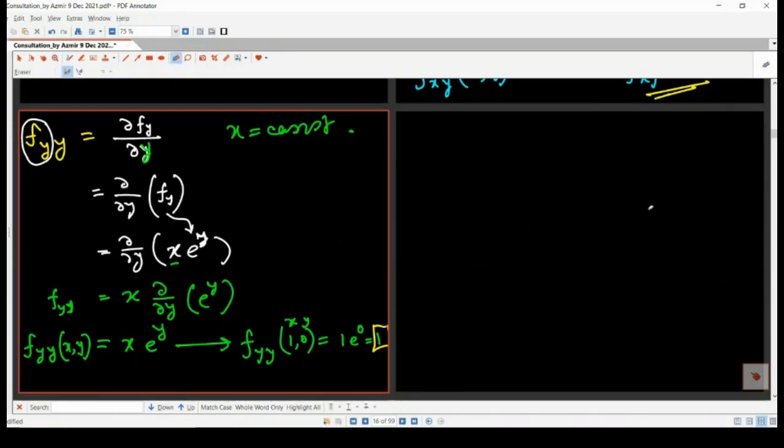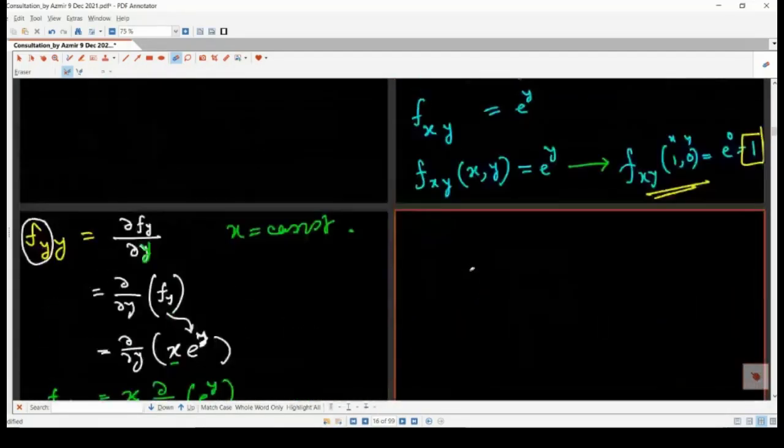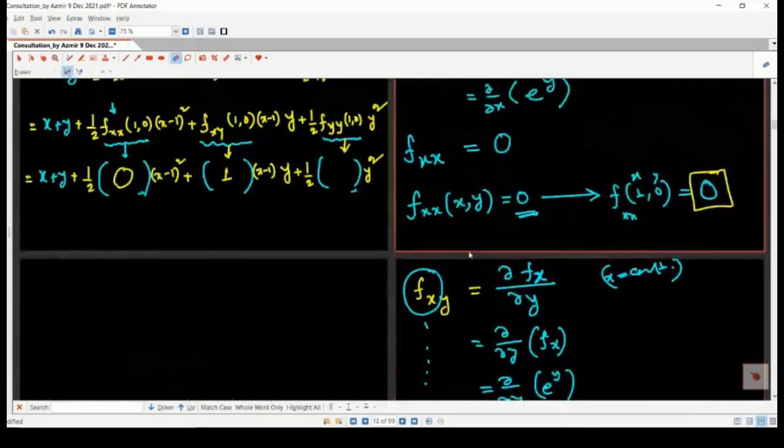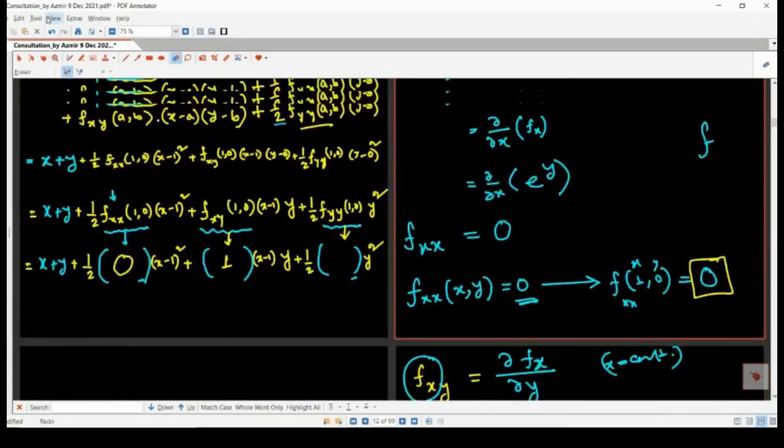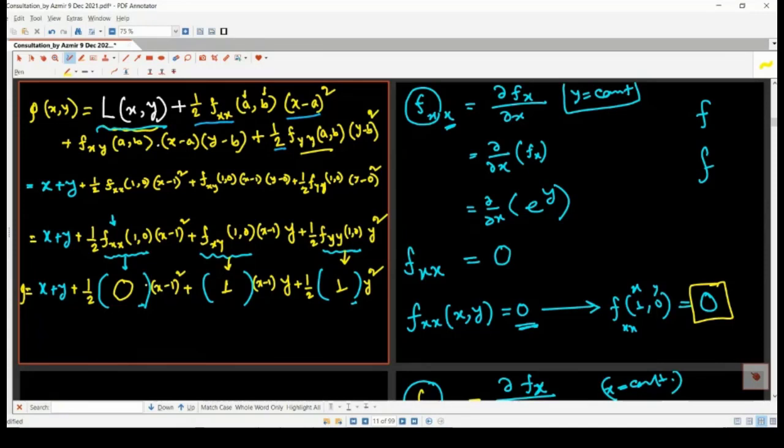So this is 1. Now let's input 1 here and we will simplify so that we can have the quadratic polynomial Q. Already we have the linear polynomial L, that is x plus y.